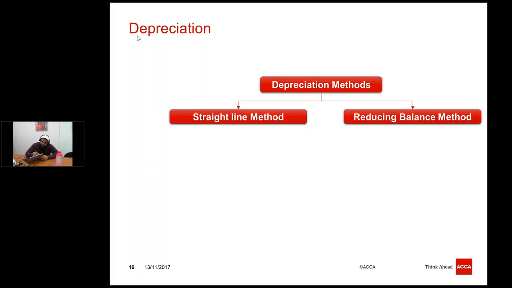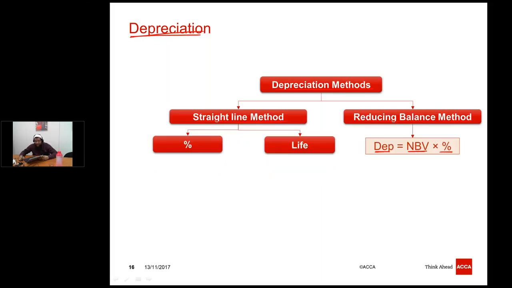So now we are calculating the depreciation. There are two depreciation methods, straight line method and the reducing balance method. In the reducing balance method, the depreciation is calculated as net book value into the percentage. But if the question is a straight line method, there may be either a percentage or maybe a life.